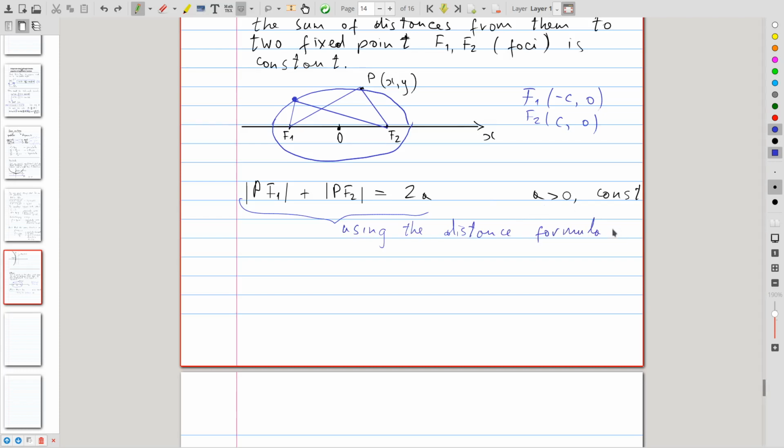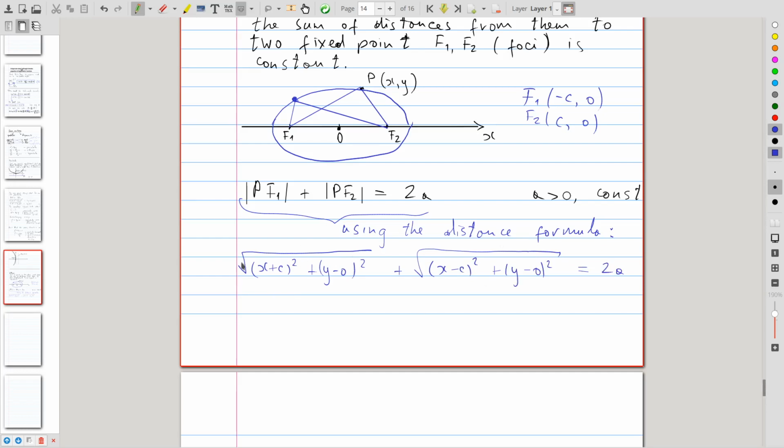So the sum here is the following expression. We have the distance from the point (x, y) to f1, which is the square root of (x plus c) squared plus (y minus 0) squared, plus another square root. And here we have (x minus c) squared plus (y minus 0) squared, equals 2a.